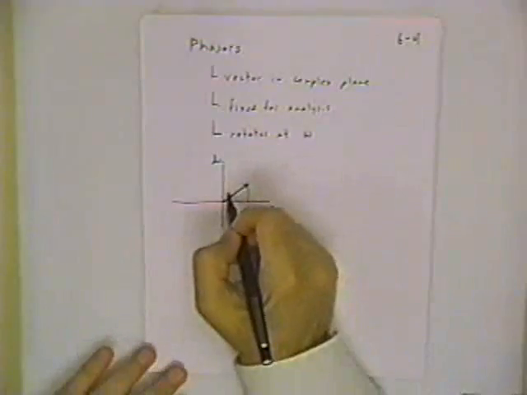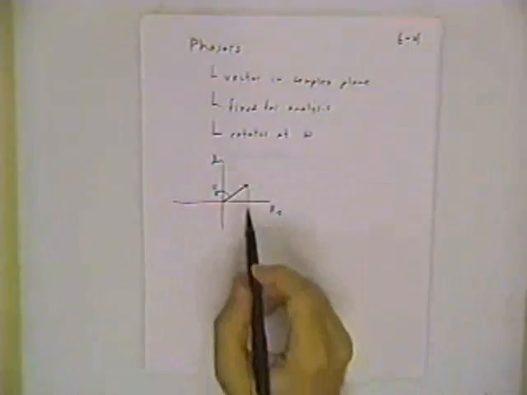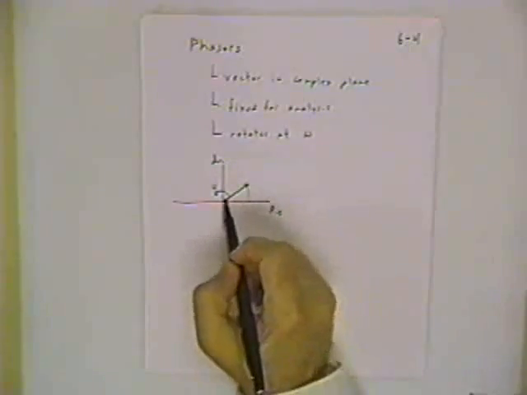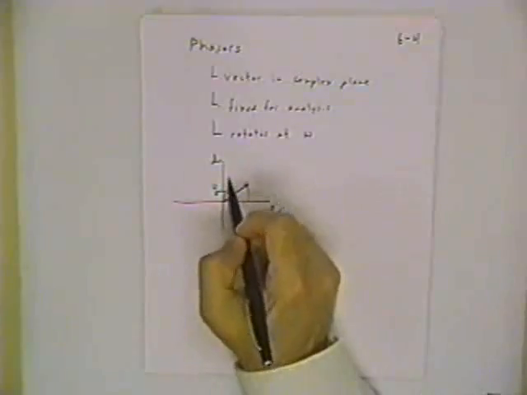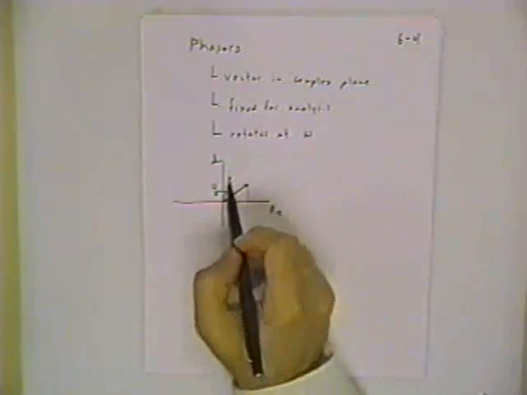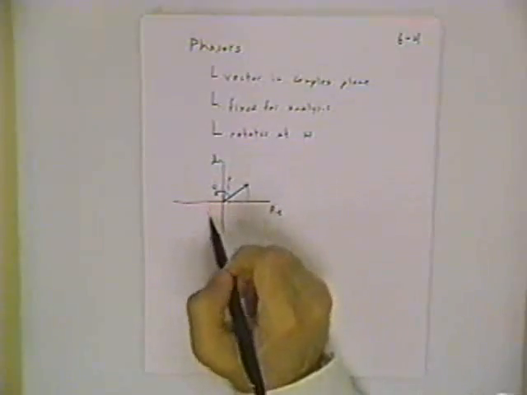And now if I let that vector start rotating at a frequency of omega, then you can see the projection. If I rotate to a point where the vector is pointing up here, then the projection is at this point. If the vector rotates over here, the projection is to a negative value.